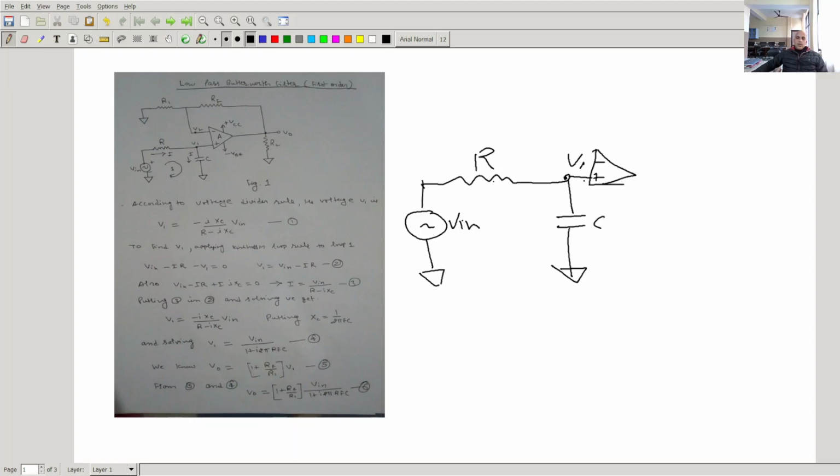So if we look at this loop, current I is flowing from this direction toward this. This is negative, this is positive, right?